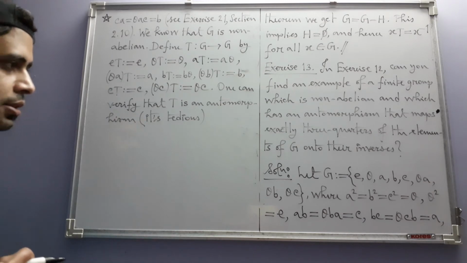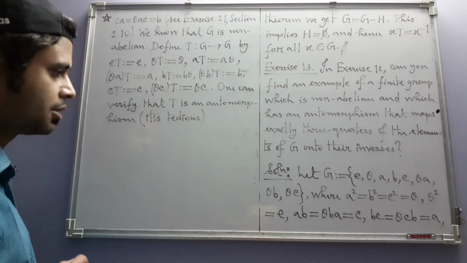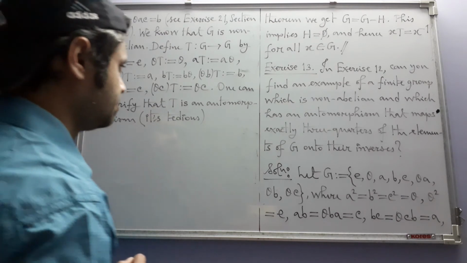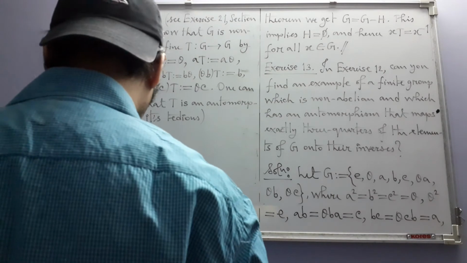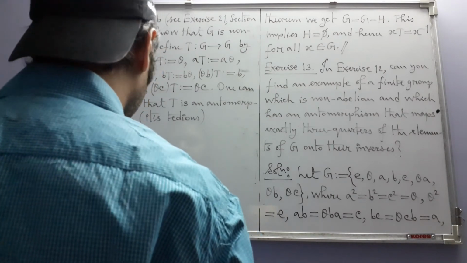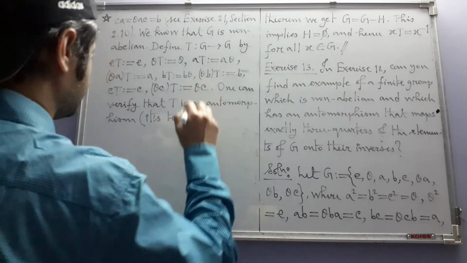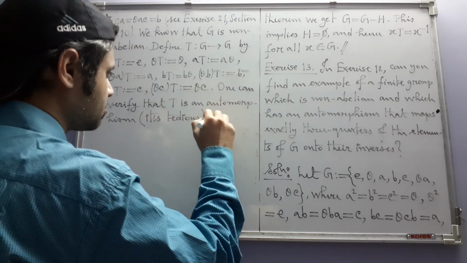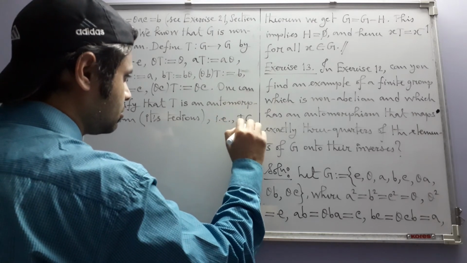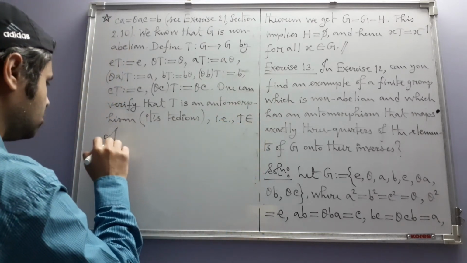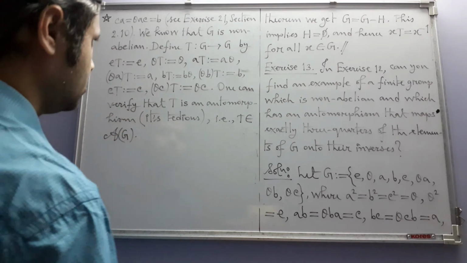So by using such symmetries, you can cut down on the number of calculations, but you have to be careful. You should know exactly what you are doing. Anyway, one can prove that it's an automorphism, that is, T is in A of G.